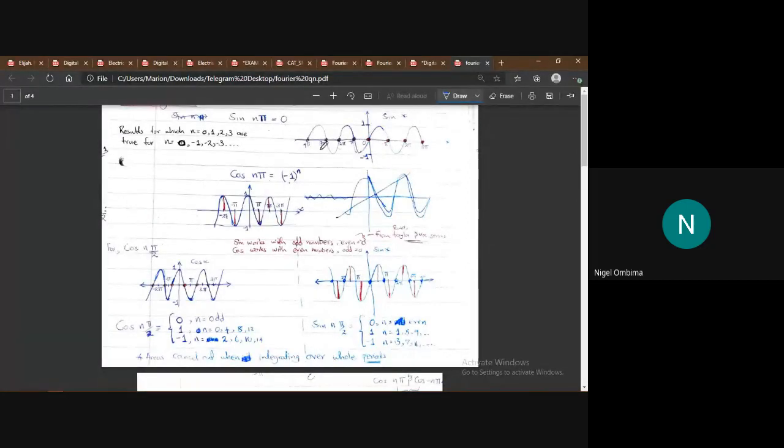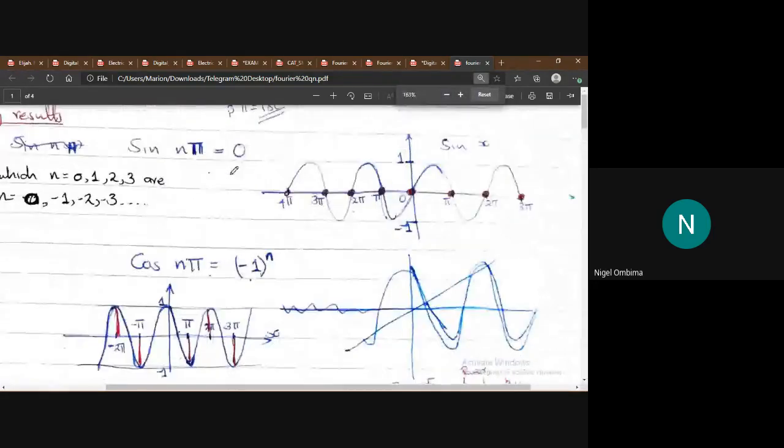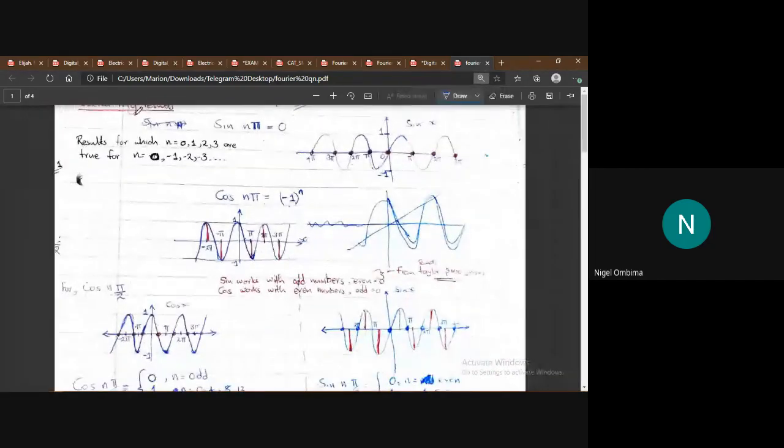This is our general sin x function, like this, with a period of 2 pi. So in Fourier series, it's supposed to be shown up. Sorry. This title, I wanted you guys to see this title.